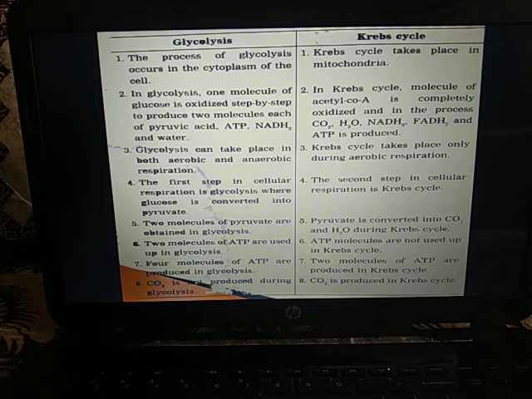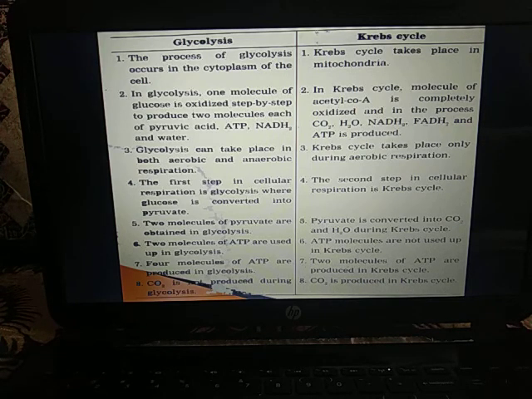The Krebs cycle produces 6 molecules of NADH, 6 threes are 18, and 2 molecules of FADH2 for every 2 molecules of acetyl coenzyme A oxidized by it. 2 molecules of NADH are liberated during the conversion of 2 pyruvate to acetyl coenzyme A. The net gain of energy is equal to 8 ATP.